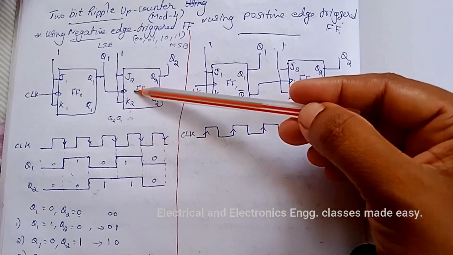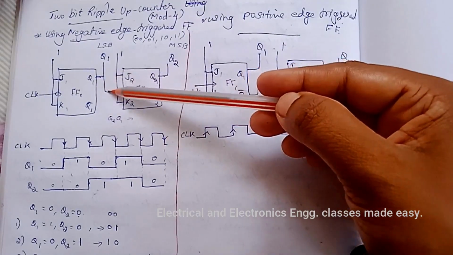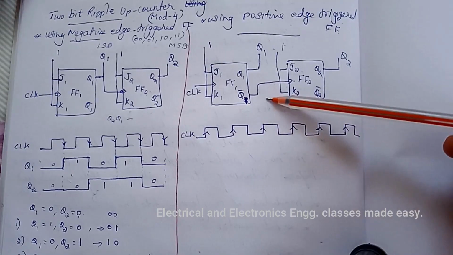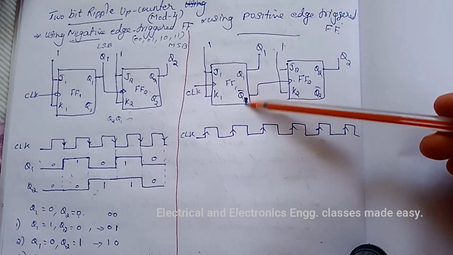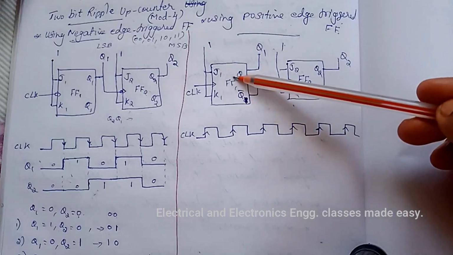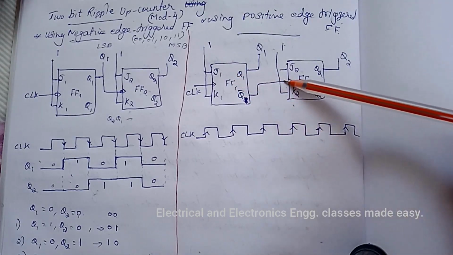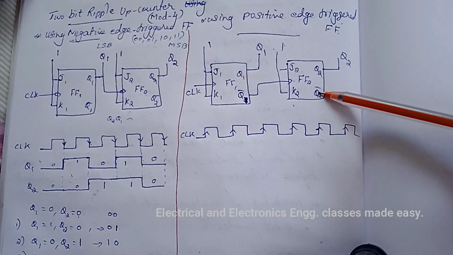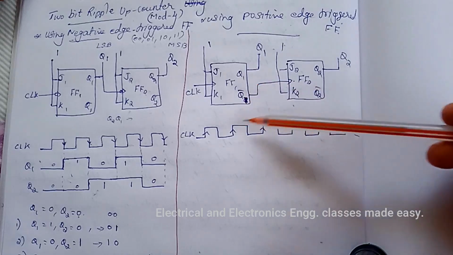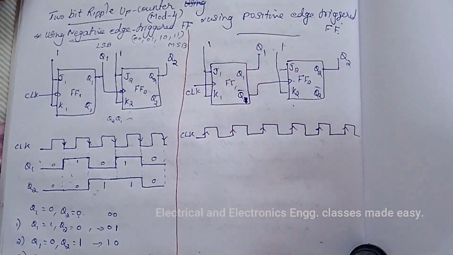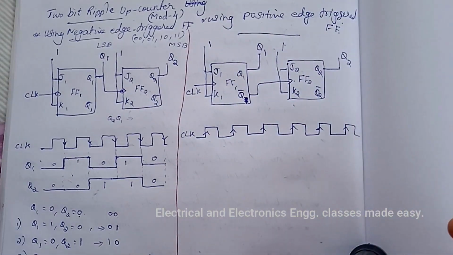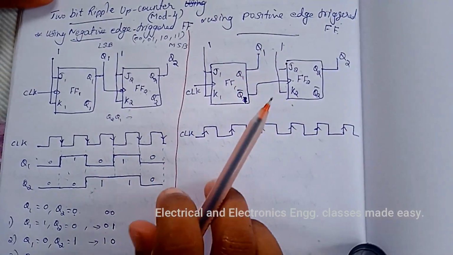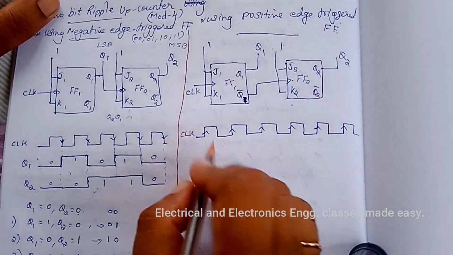In negative edge triggered flip-flop, Q1 output is given to the clock input of the next flip-flop, whereas in positive edge triggered flip-flop, Q1 bar output of the first flip-flop is applied to the clock input of the next flip-flop. And so this is the logic diagram, and we can draw the timing diagram.